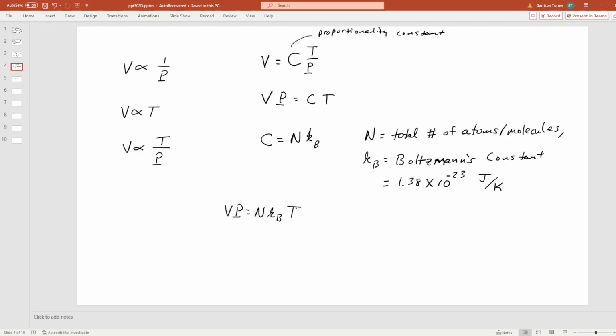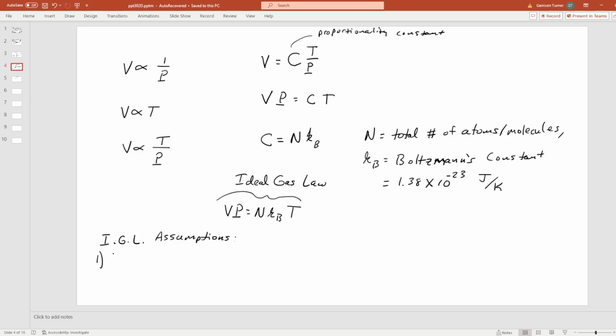Now, what is an ideal gas? For your ideal gas law assumptions, this equation works really, really well if the following two conditions are met.